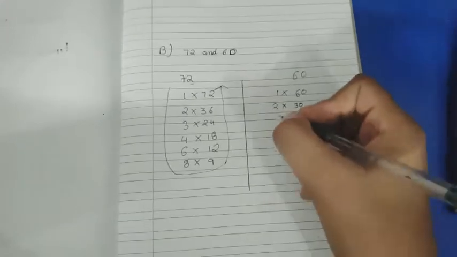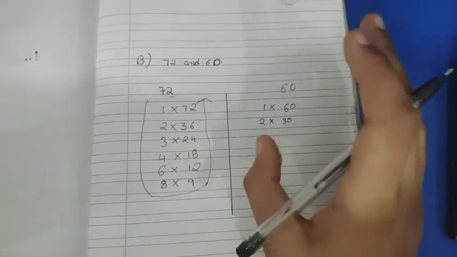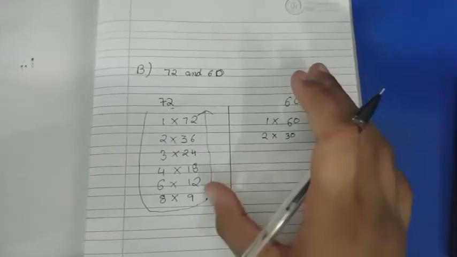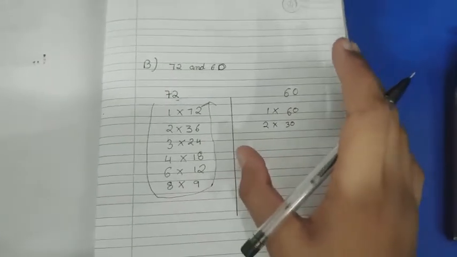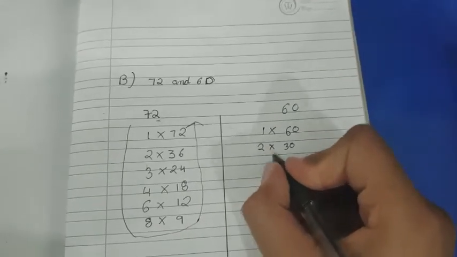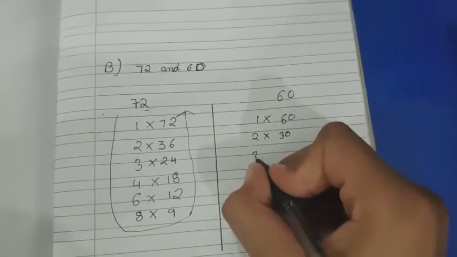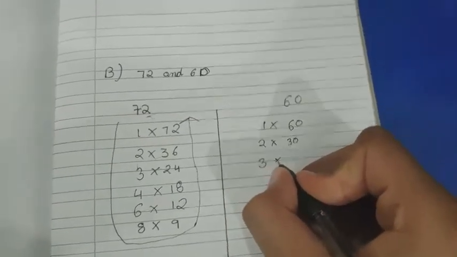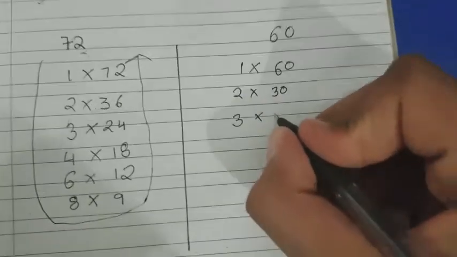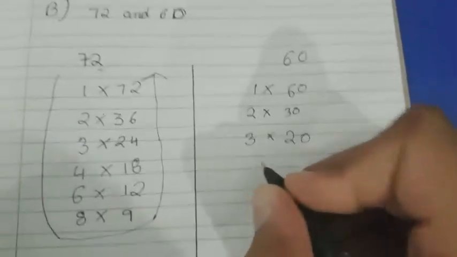While writing I am facing some difficulty, so never mind, I am doing my best. Then 2 into 30 is 60, and 3 into 20 is also 60. Then 4.